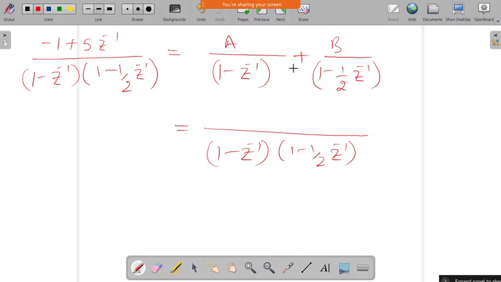So that is the fractions of this, so that individually we can find the inverse z transform of this.